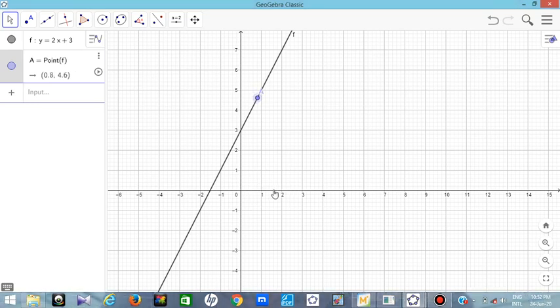So let's move it to this point. When point A changes its position from this point to this point, you can see that x changed from minus 1 to 1. How does y change now? Y changes from 1 to 5. You can see that is the change.